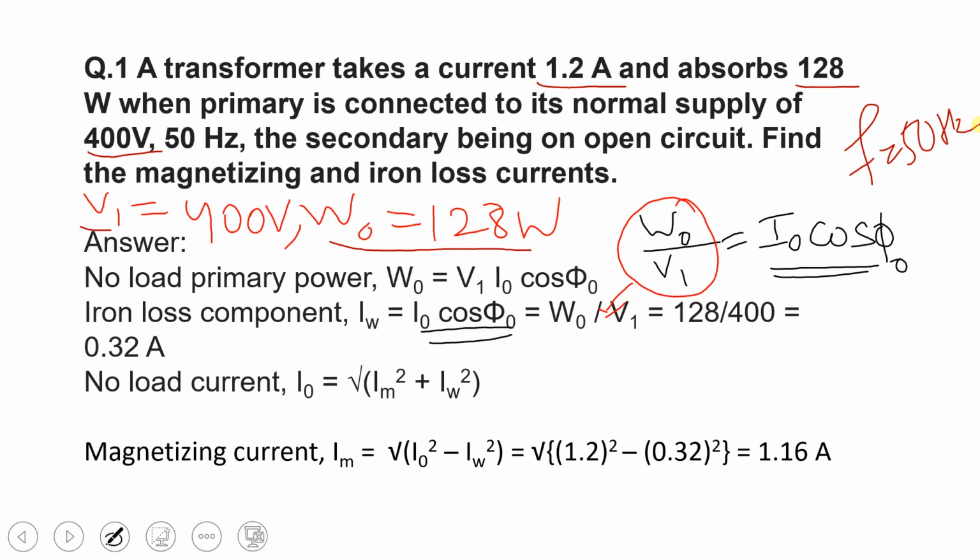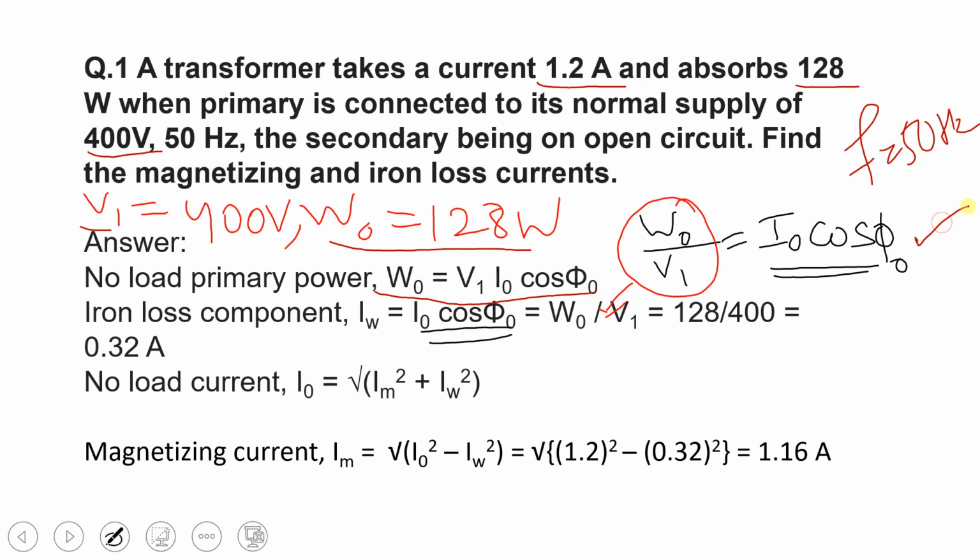So no load primary power, we know this formula: W naught is equal to V1 I naught cos phi. From here we can write W naught upon V1 is equal to I naught cos phi.